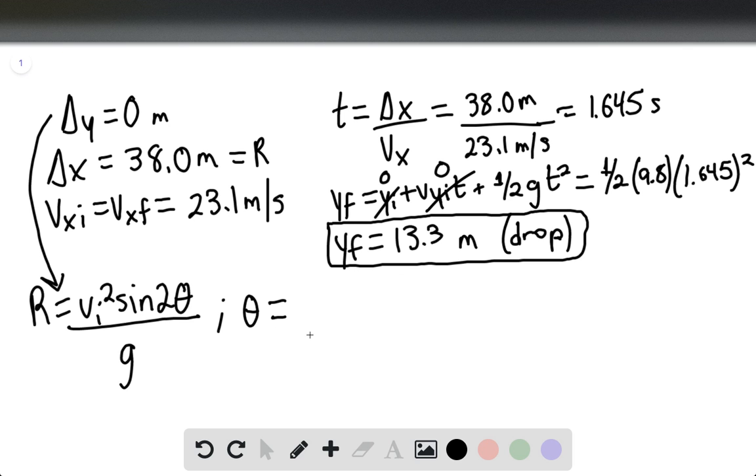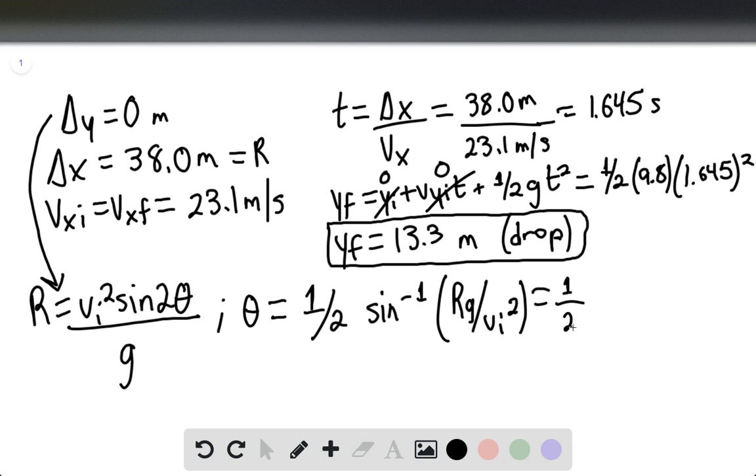So solving for the angle, we can say 1 over 2 arc sine of Rg divided by V initial squared. And so we can solve and say this is going to be 1 over 2 arc sine of the range.